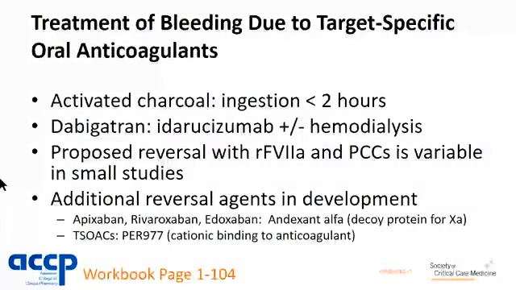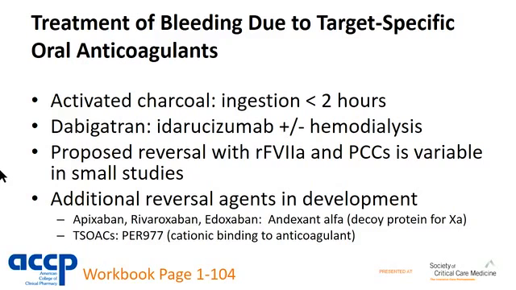So, treatment of bleeding due to the novel oral anticoagulants is becoming a challenging problem, mainly because of the increasing use of those drugs. For those patients that present in less than 2 hours, which is almost never, it's recommended that you use activated charcoal. You can try to eliminate some of the drug from their duodenal tract.